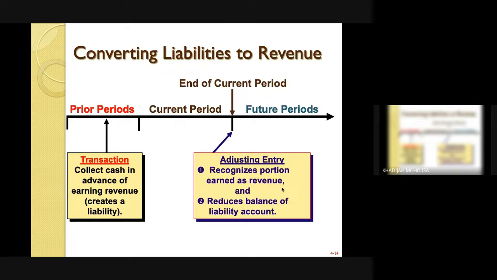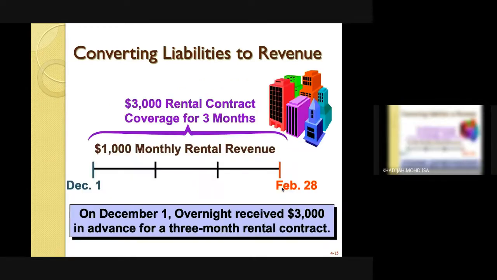When you receive cash for revenue that has not been performed, the unearned revenue is a liability. Example here: convert liability to revenue, a 3,000 rental contract covering 3 months. 3 months means 1,000 monthly rent, from December 1st until February 28th: December, January, and February.